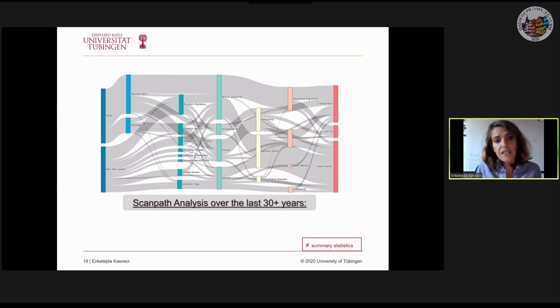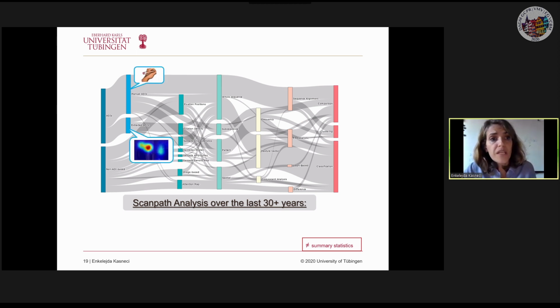If you look at scan path analysis methods over the last 30 years, there's a whole taxonomy, a rich taxonomy actually, of methods which are based basically on manual annotation of AOIs and manual analysis of the scan paths. Later on, we find methods that have been motivated by developments in bioinformatics, mapping the scan paths to some string-based encodings and comparing those to each other.